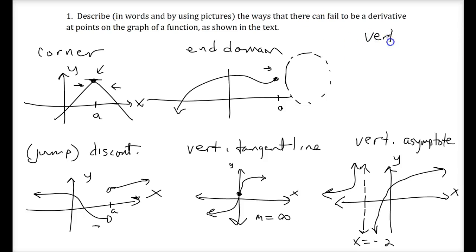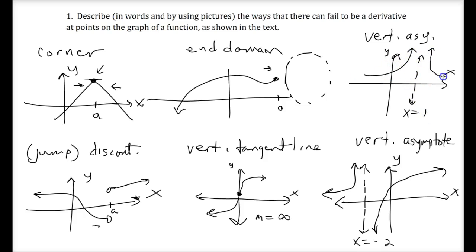Another example of a vertical asymptote where the behavior looks like it's the same, but we still can't say that we actually have a derivative there would be something like this. So let's say this is at x equals 1, and now our function kind of goes like this, where as we approach x equals 1 from both the left and the right, we see that the function goes to infinity either way.